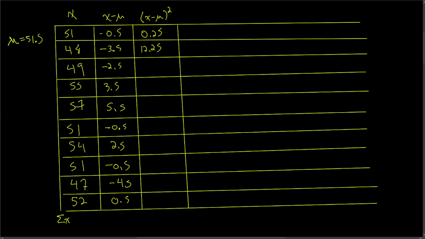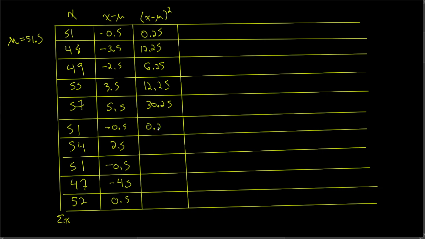Negative 2.5 squared is 6.25. 3.5 squared is 12.25. 5.5 squared is 30.25.